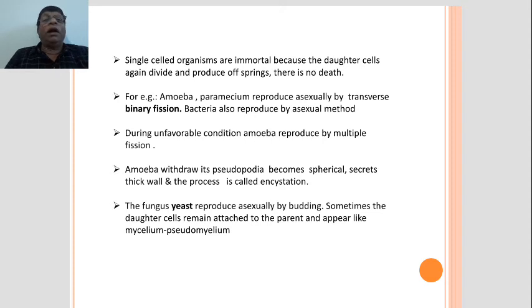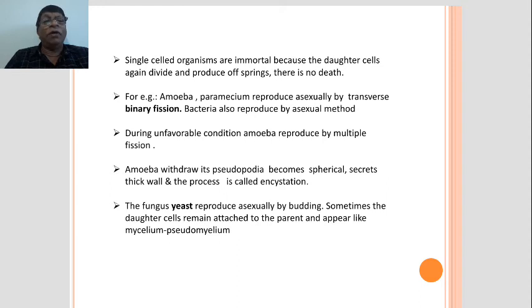For example, the amoeba and Paramecium belong to the phylum Protozoa, which includes single-celled organisms that reproduce asexually by transverse binary fission.